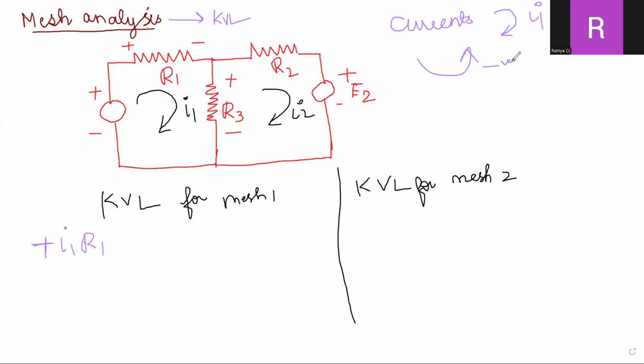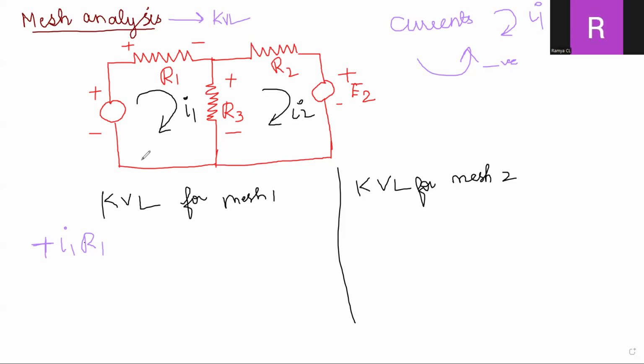Whatever convention you follow, in every problem use the same convention throughout the circuit. If you take the current clockwise, take it clockwise for the entire mesh. If you take it anti-clockwise, take it anti-clockwise in the entire mesh.